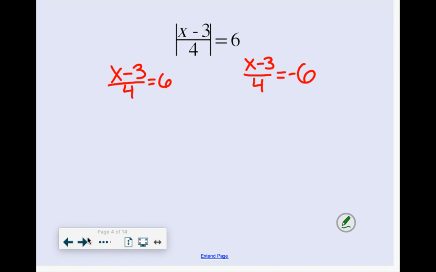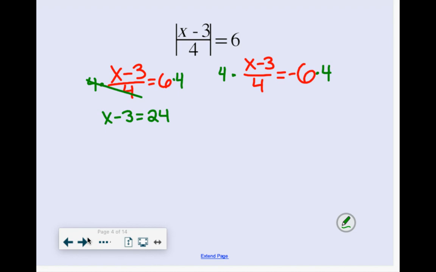Okay? Whenever you're dividing or there's a fraction, that's just division, so you're going to multiply to get rid of that fraction. And a heads up that these are actually going to solve in the exact same way. So I'm going to go ahead and do my step on both sides so I don't have to think through it twice. So my 4's cancel out and I have x minus 3 equals 24.